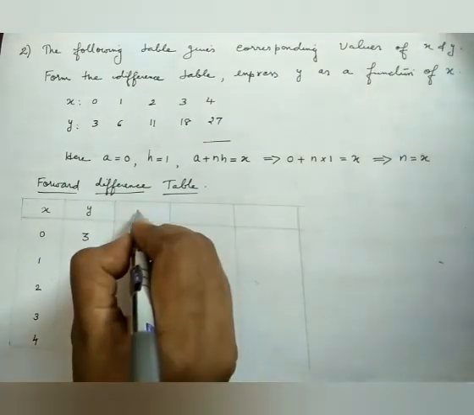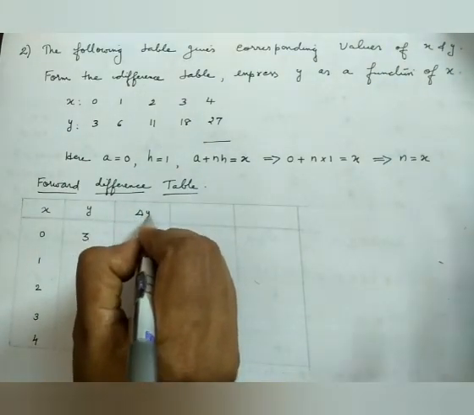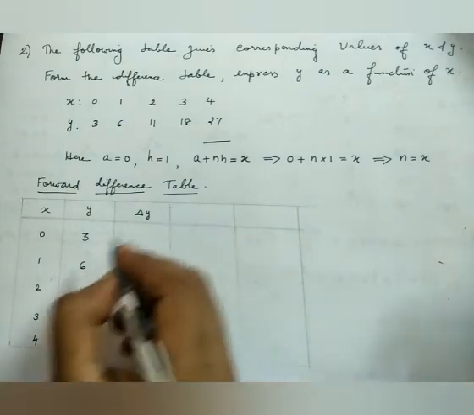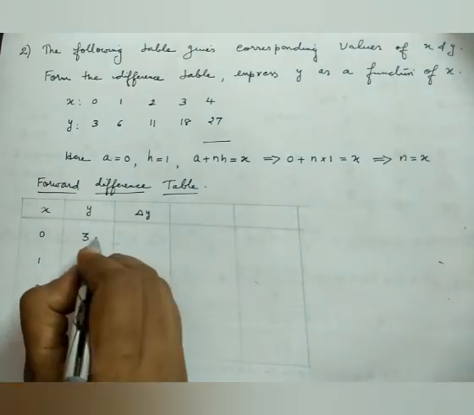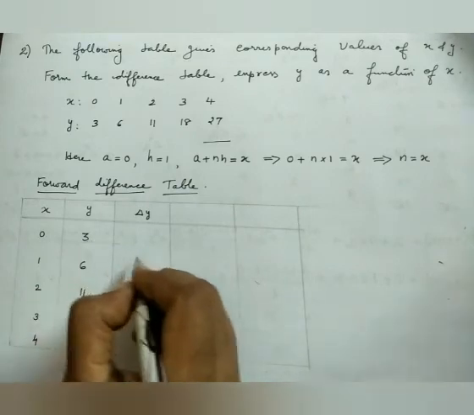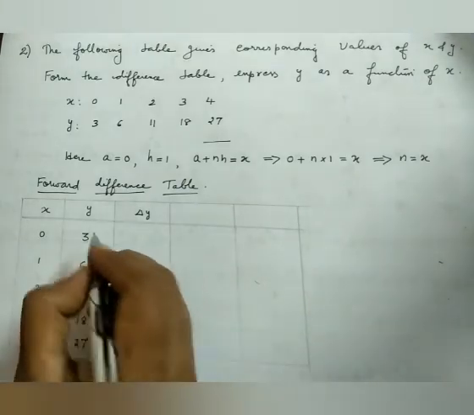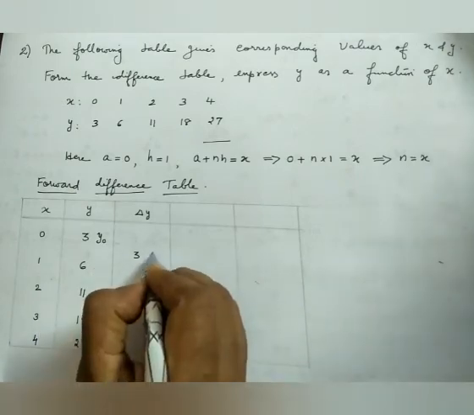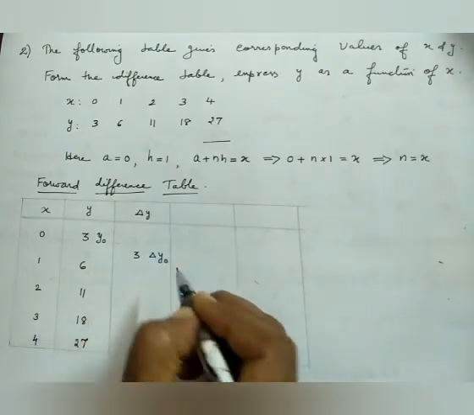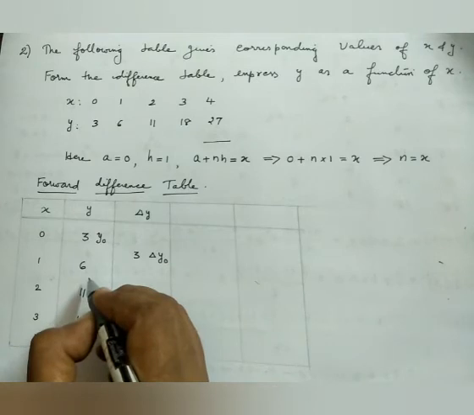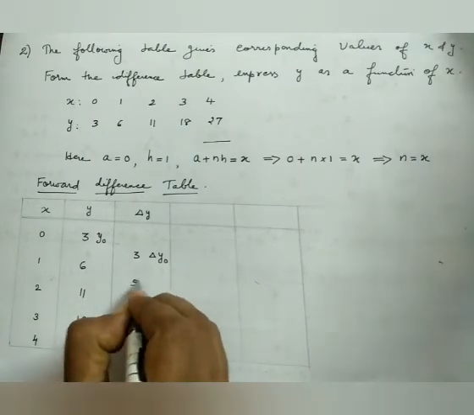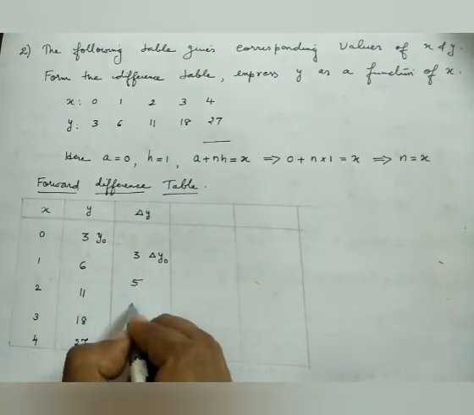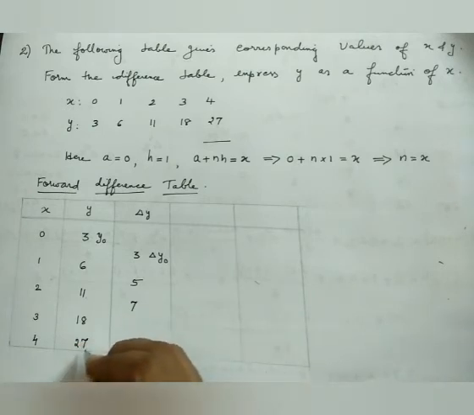Now the differences, first forward difference, delta y: 6 minus 3, that is 3. Here we can denote it as y naught, and first forward difference is denoted by delta y naught. Now 11 minus 6, that is 5. 18 minus 11, 7. 27 minus 18, 9.